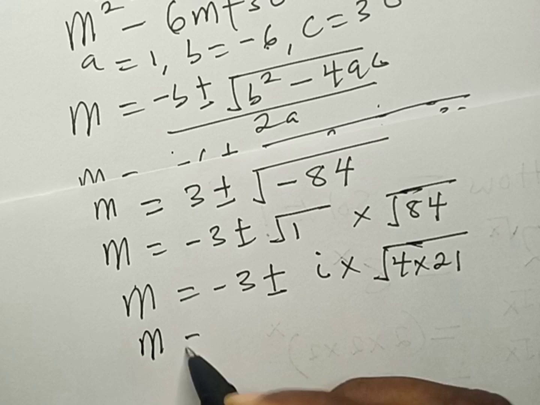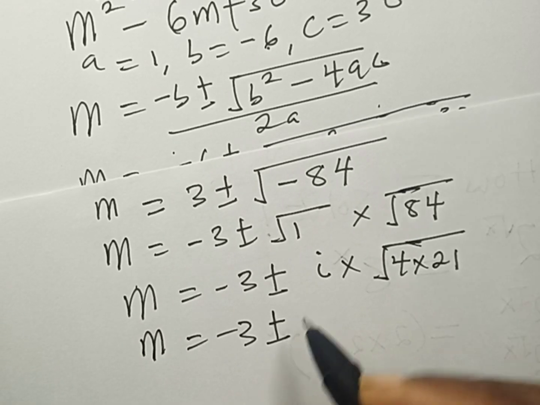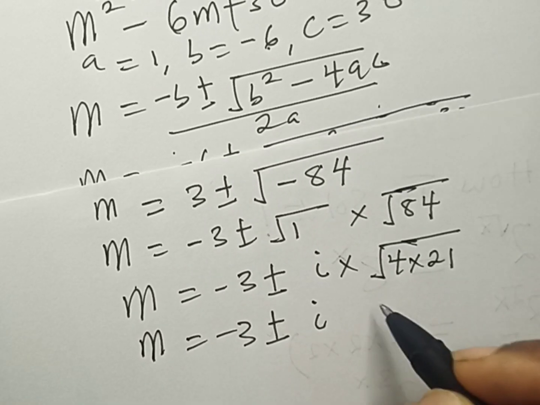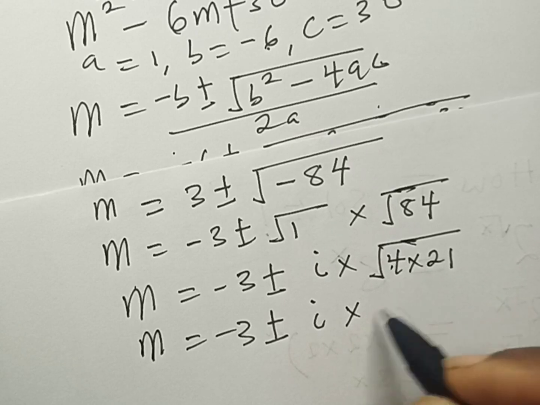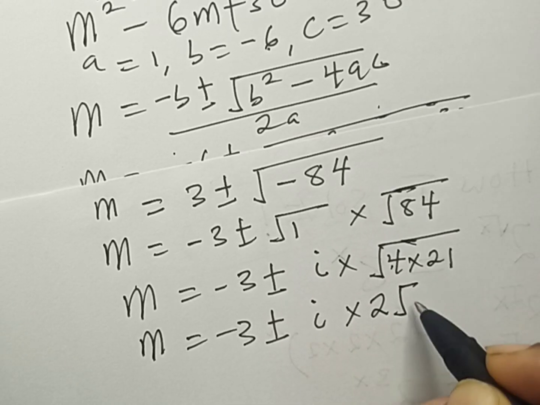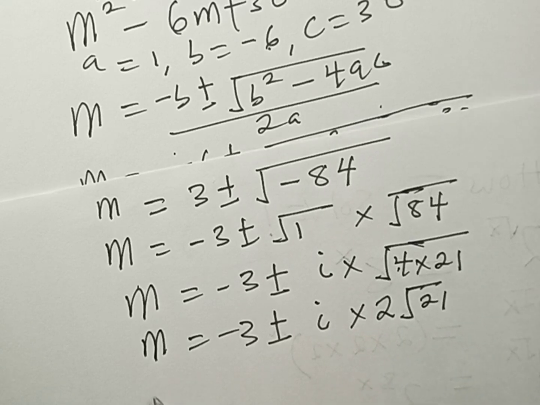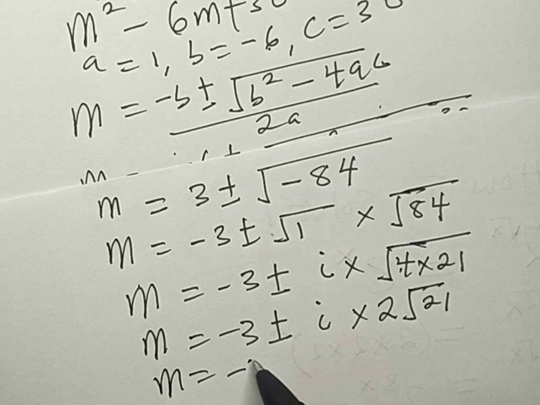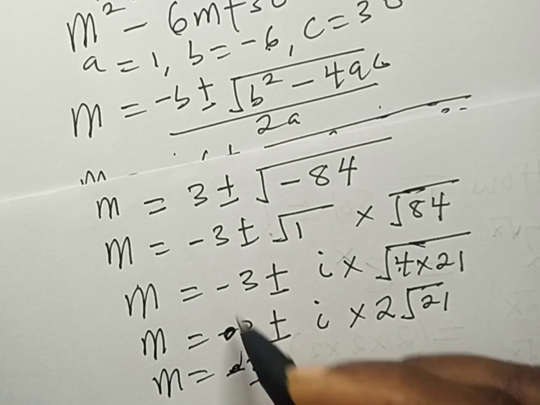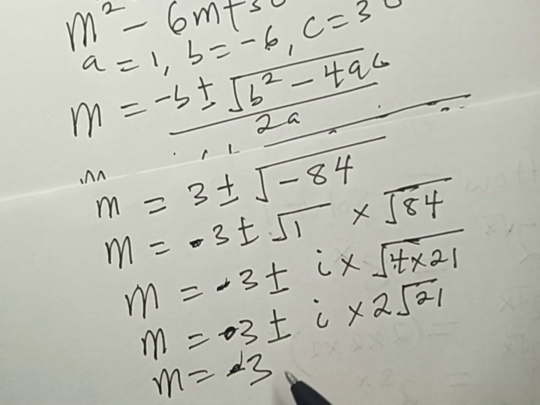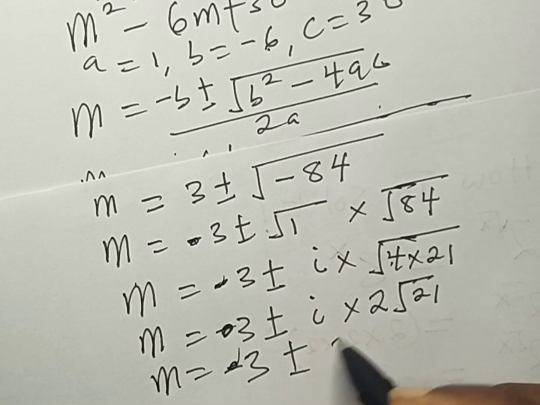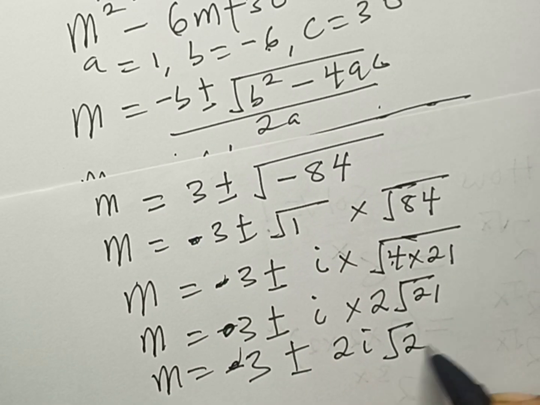So m equals to 3 plus or minus i times root of 4, which is 2 root 21. So m equals to 3 plus or minus 2i root 21.